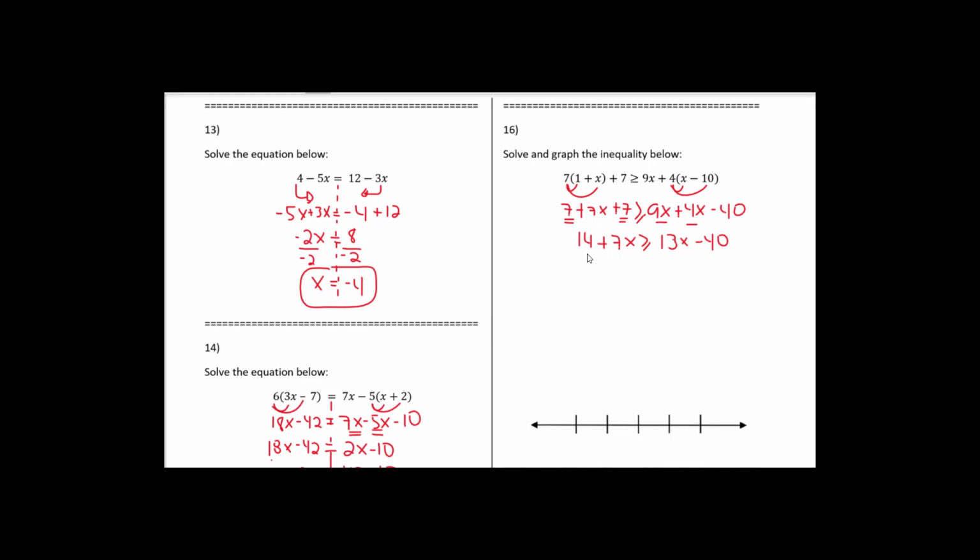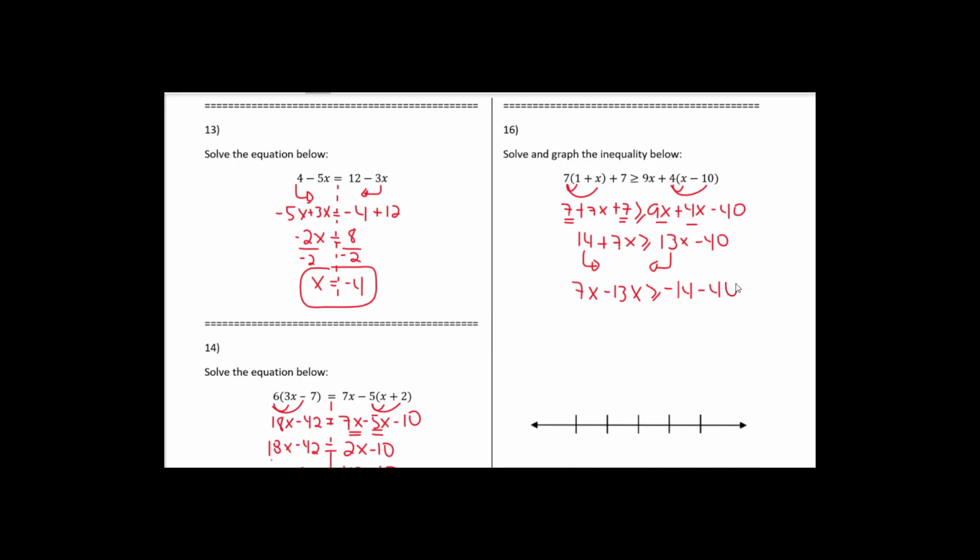Now we're going to move the numbers. So 14 is going to go to the other side. And the 13 is going to come to this side. So we'll bring down the 7x. The 13 comes to this side as negative 13x. Greater or equal to. The 14 goes the other side, negative 14.